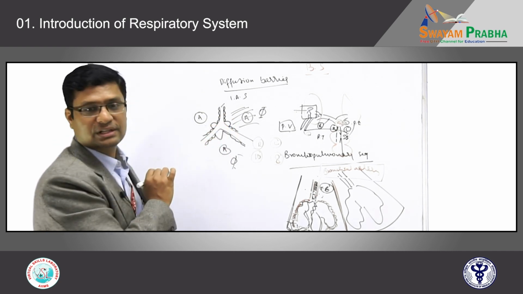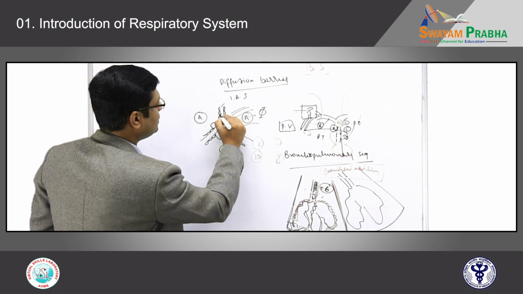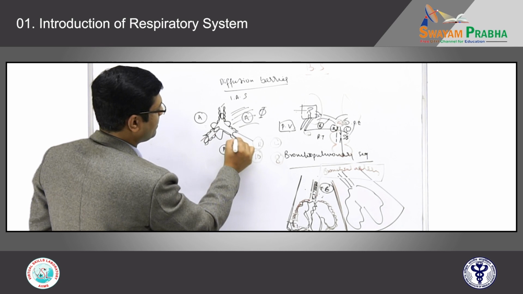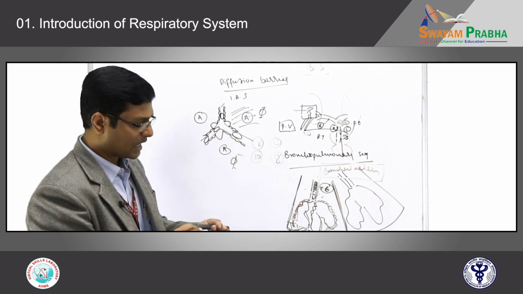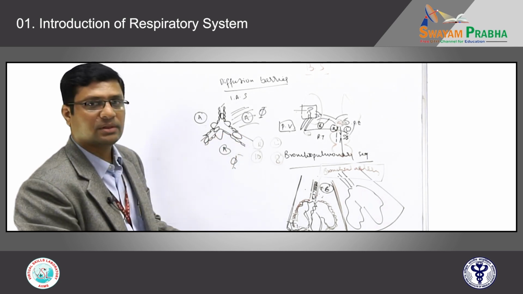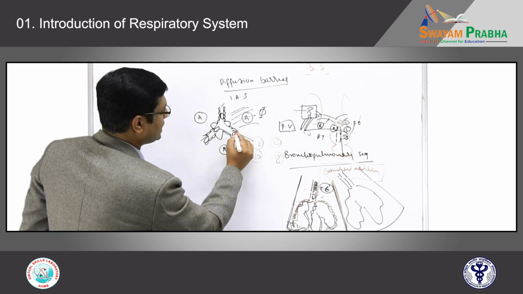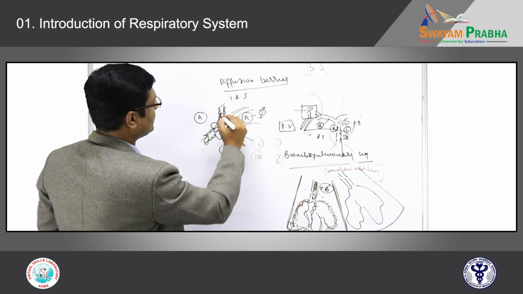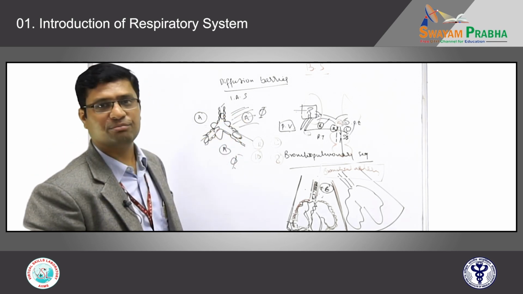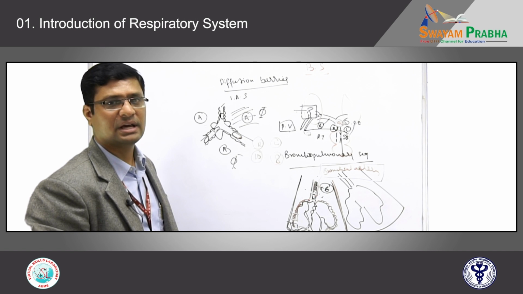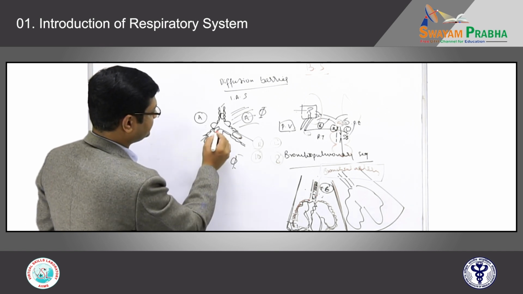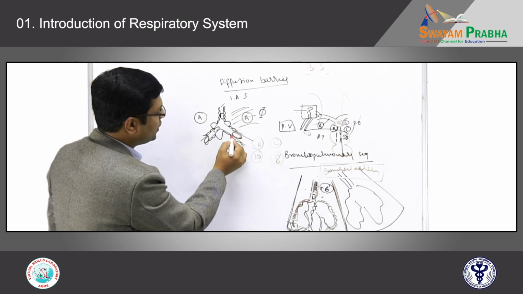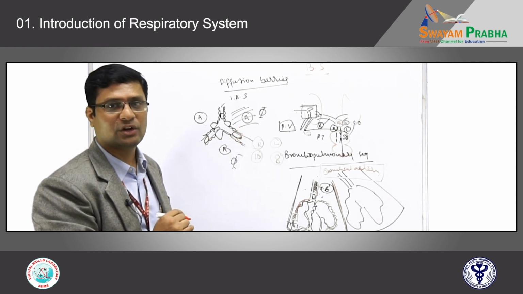If you concentrate on this interstitium, we have thin walled capillaries. These are the capillaries, very thin walled, very tiny. The main feature of these capillaries is that they have only a thin endothelial lining. They are devoid of basement membrane, or the basement membrane is very much fenestrated. And these capillaries are in close approximation with the type 1 alveolar pneumocytes.